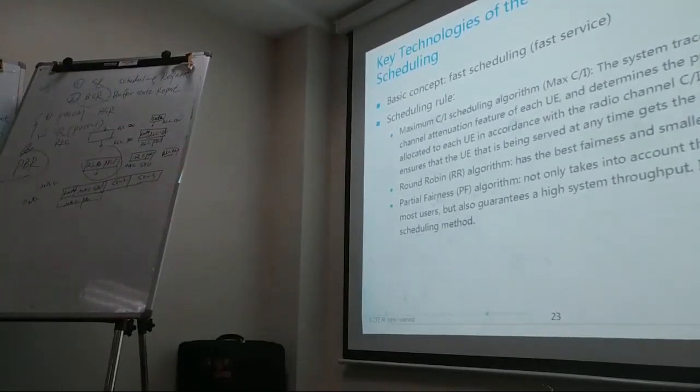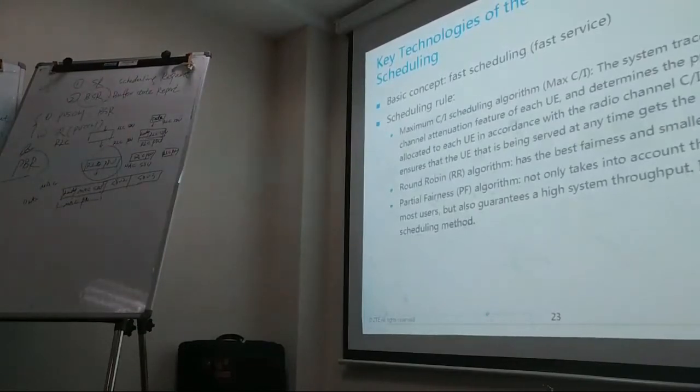But some people, for example at the edge of the cell, have poor channel quality, so they cannot have an opportunity to transmit data, right? We name this the maximum CI scheduling. That is, I only consider the channel quality.